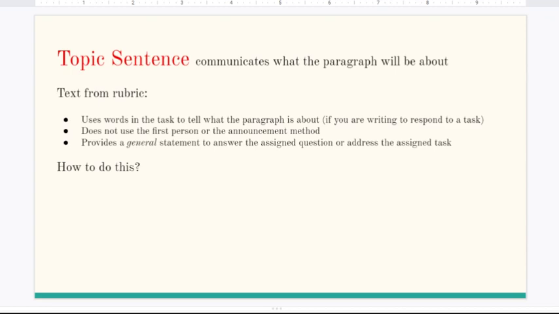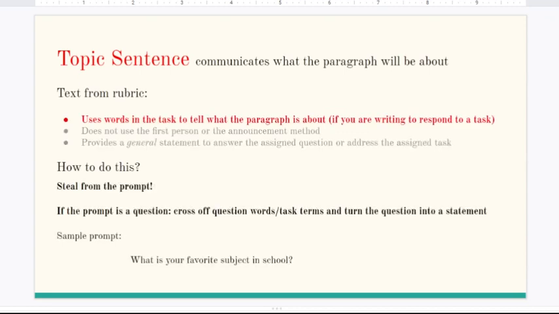Okay? Now, like I said a minute ago, we are only going to focus on this first bullet in this video, using words in the task to tell what the paragraph is about. And so let's talk about how you can do this. So you can see what I've got here.